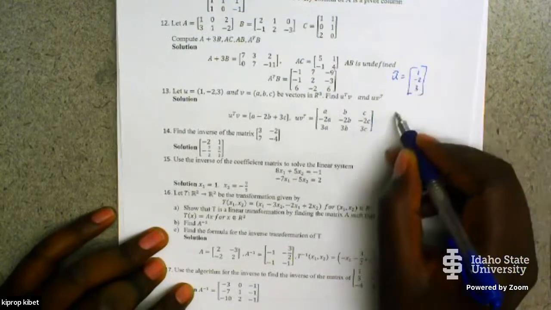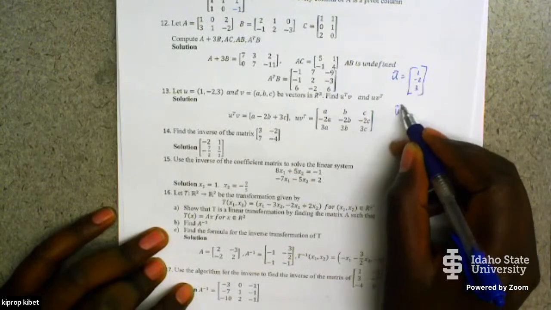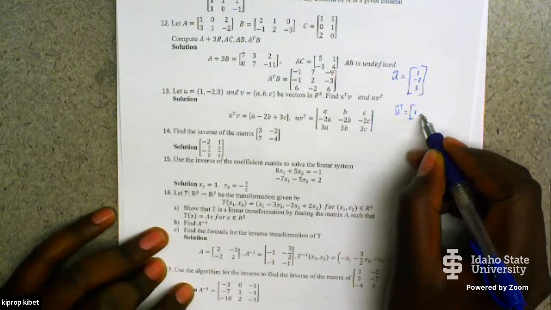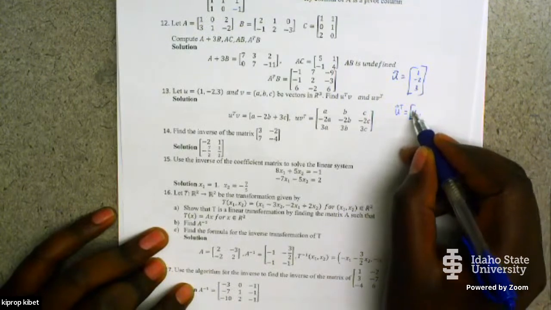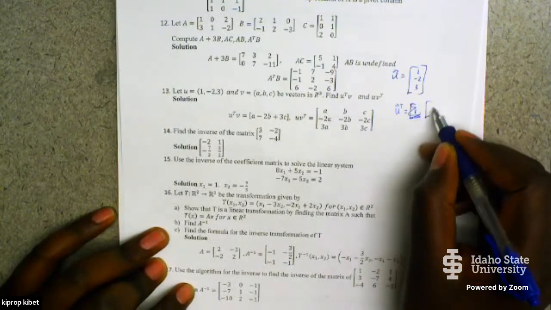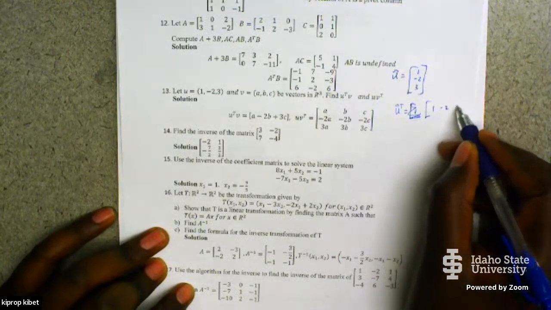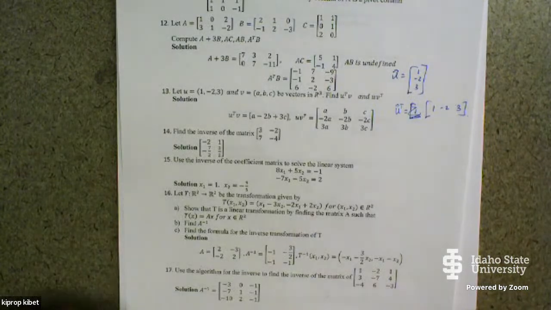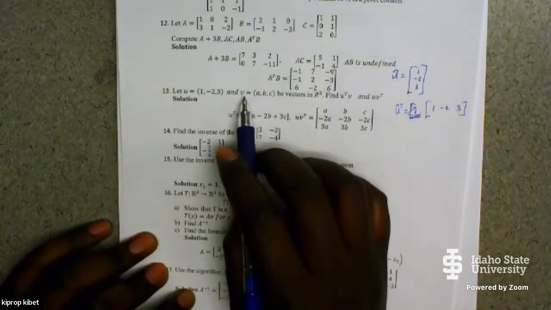U transpose will be what? It is not a comma. It is actually 1, negative 2, and 3 as a row. That is U transpose. Same thing for V.